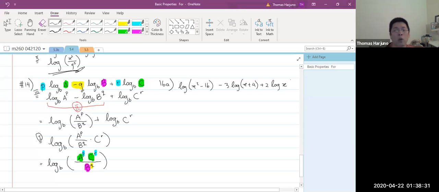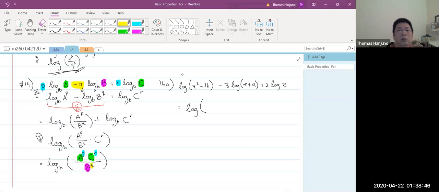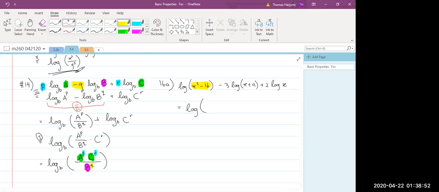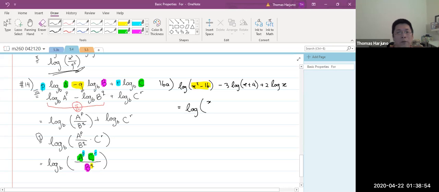Can we do this in one single strike? Yes, it's possible. You see, it would be log base 10, right? It will be log base 10. Now, this x squared minus 16, will that be on the numerator or denominator? Numerator. It will be on the numerator because the coefficient is positive, right?